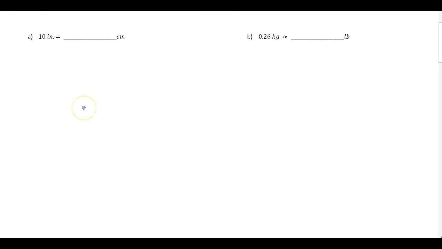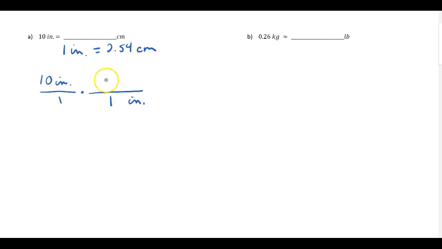So let's look at 10 inches, and we want to go into centimeters. Now, if you look at your conversion chart, it shows 1 inch is equal to 2.54 centimeters. Again, we're going to use the conversions just like we have been. I'm going to start with 10 inches over 1. Since I have inches on the numerator here, I want to put inches on the denominator here.